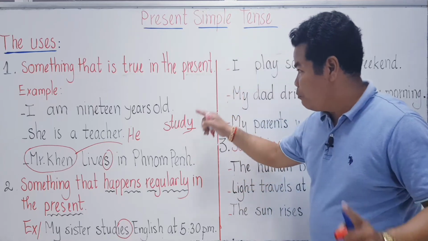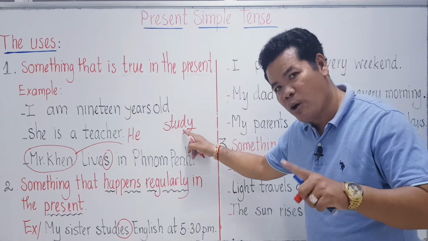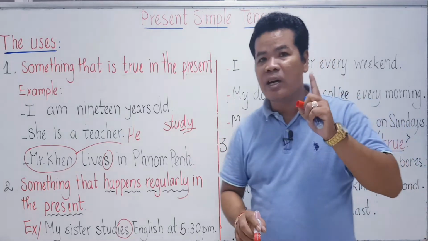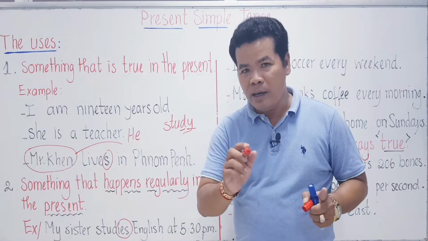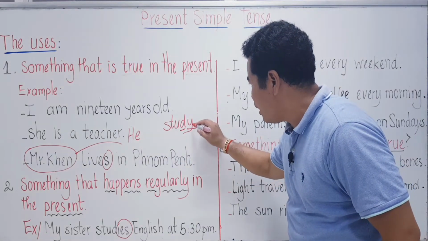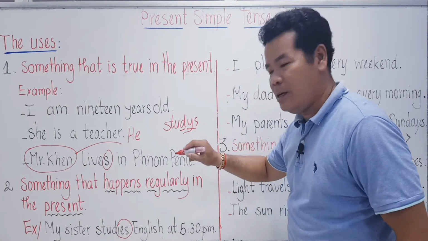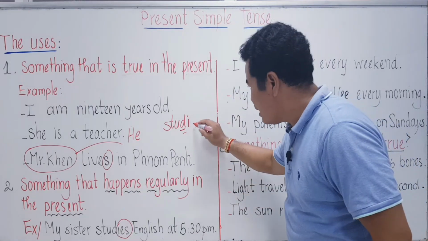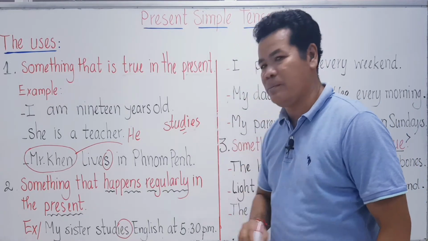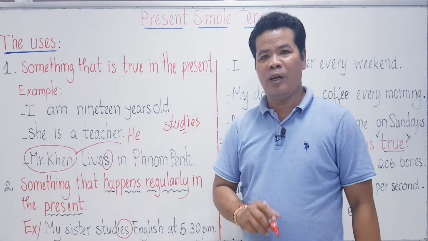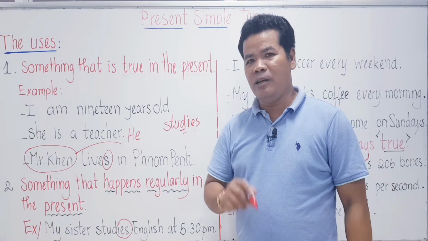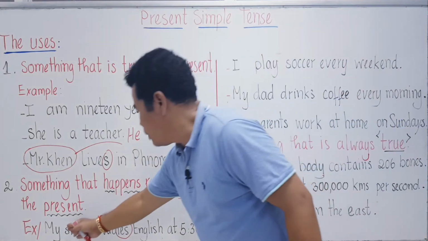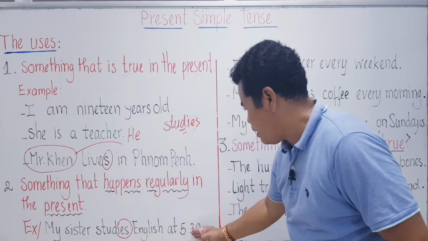And before Y, do we have consonant or vowel? Please check it out. D is a consonant. That's why we cannot just change Y and plus S. So change Y to I and add ES to the verb. I hope you will understand it and you still remember it. Are you clear? Sure. Now, my sister studies English at 5:30 p.m.